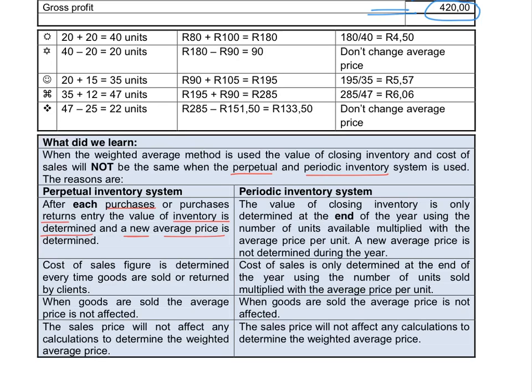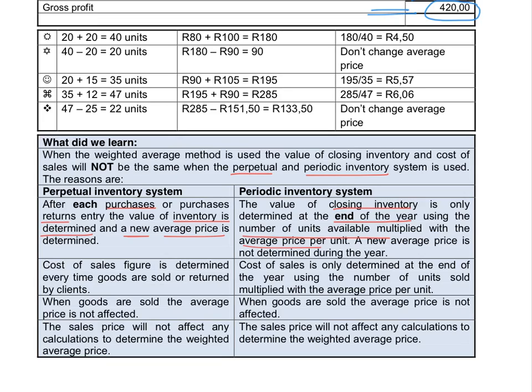In the periodic inventory system, the value of closing inventory is only determined at the end of the year. So you won't do a calculation every time to determine how much inventory is left over. And at the end of the year, you will take the number of units available multiplied with the average price, and that will give us the total value of your inventory at the end of the year.